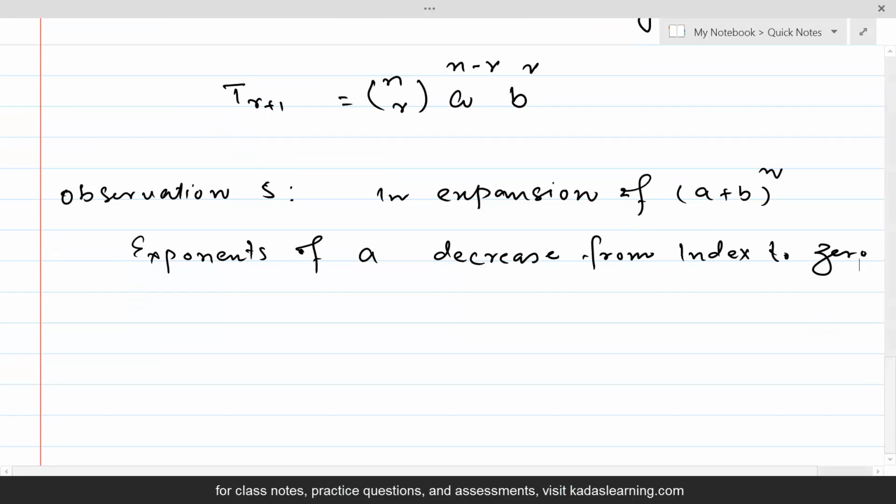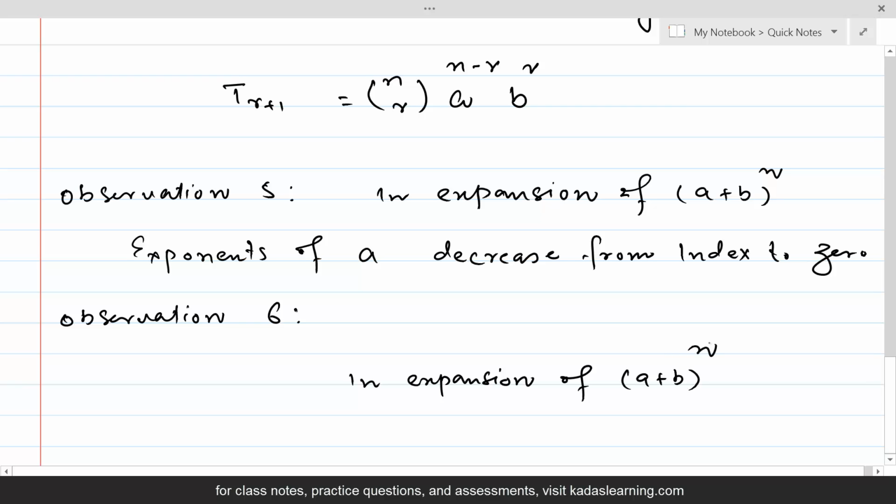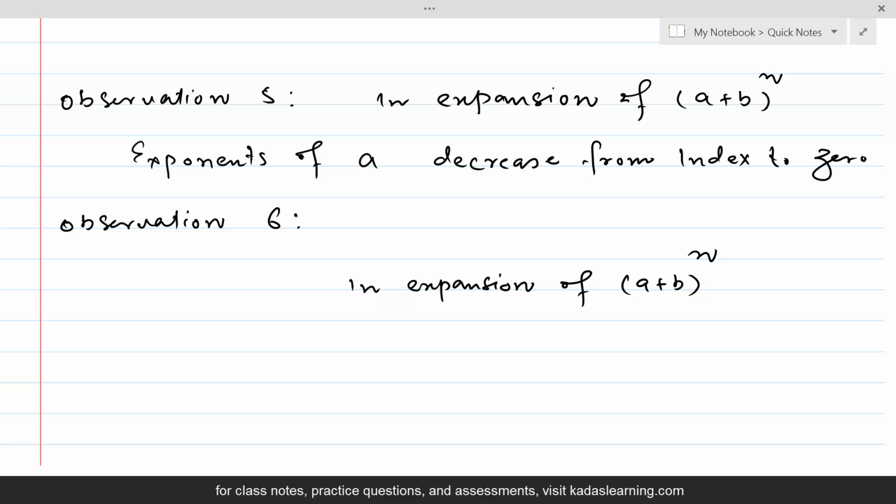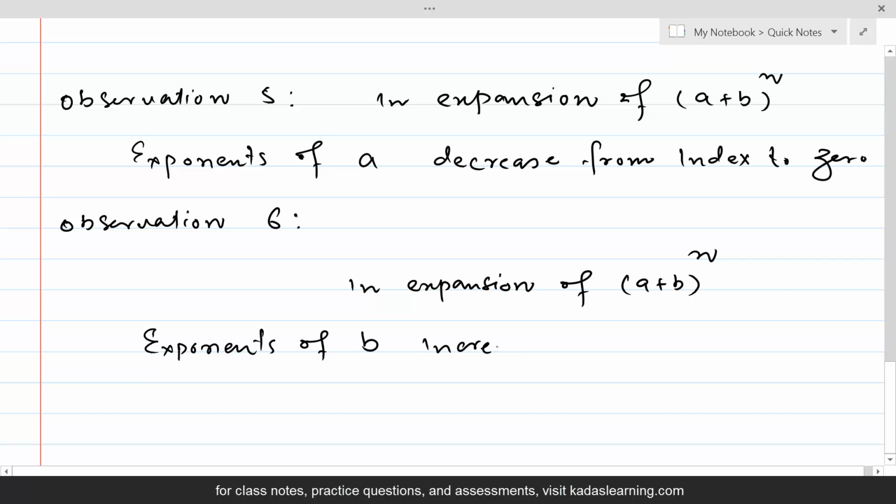And observation number 6 is that in the expansion of (a + b)^n, the exponents of b increase from 0 to the index.